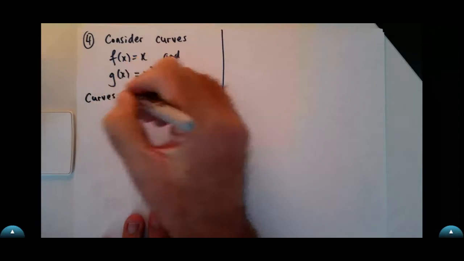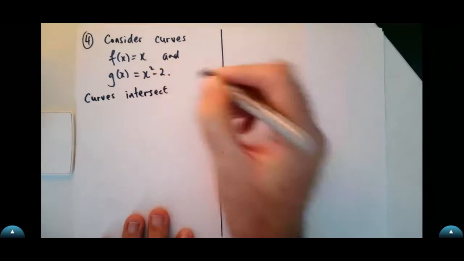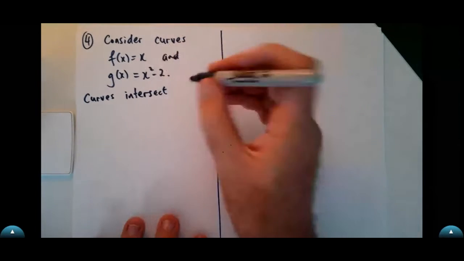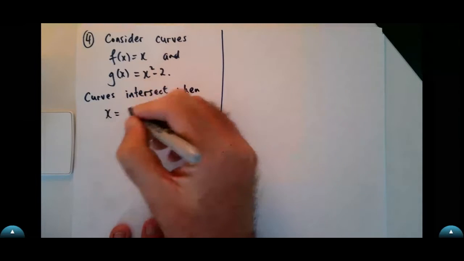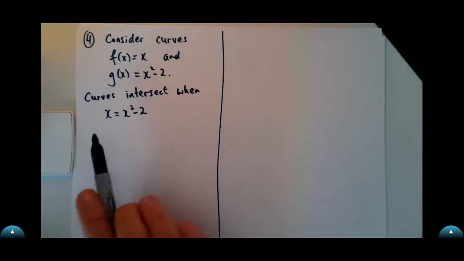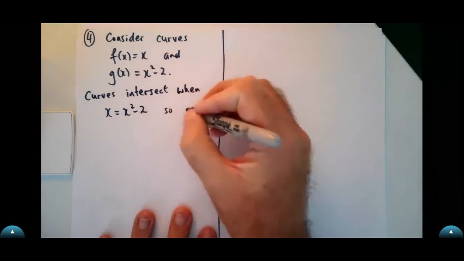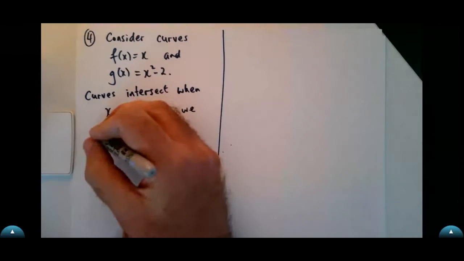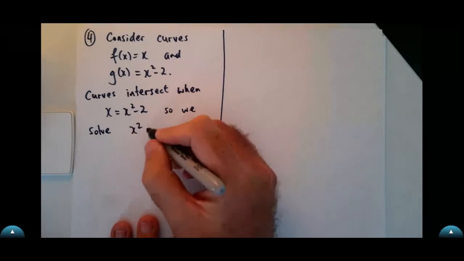Our curves intersect when x equals x squared minus 2. Here we've basically got a quadratic equation, and we want to solve that for x.